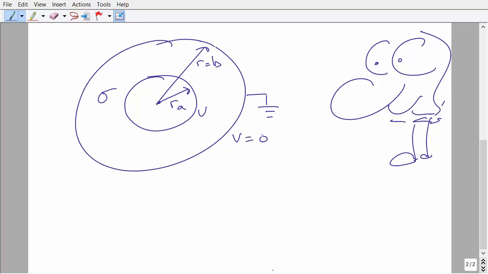Okay, so we're going to use our relationship J equals sigma E to solve this problem. But the first thing that we're going to need is the electric field, and the problem has been specified with two boundary conditions on the two spheres. So first of all, let's solve for the potential in the region between the spheres.